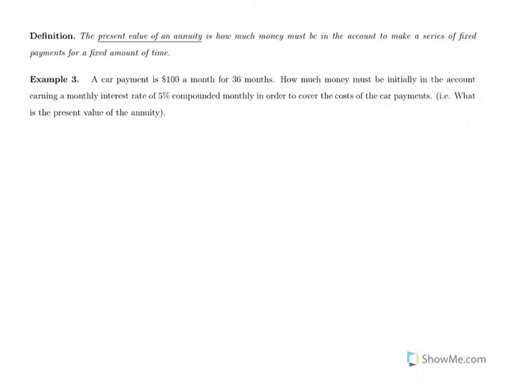So what we're going to do here is define how much money we need to have in the account to cover each car payment. So how much money must be in the account to cover each payment?